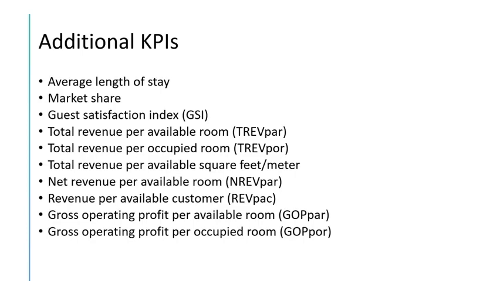And then when we move from a revenue point of view to a profit point of view, the measures we would consider are GOP PAR and GOP POR. When we say the focus of revenue management is changing from a revenue-driven approach to a profit-driven approach, the type of profit we talk about here is the gross operating profit, okay?